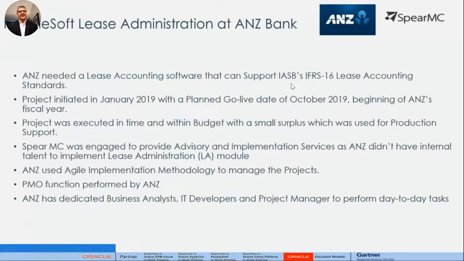And in an unbelievable show of cooperation, the Financial Accounting Standards Board in the U.S., the IFRS, and the Governmental Accounting Standards Board pretty much came together and had similar, not exact, but quite similar rule sets when it came to changing the lease accounting standards, which was great because it allowed Oracle to focus on ASC 842 and then extend that into IFRS 16 and GASB 87 to cover their bases on all of the accounting rules changes.